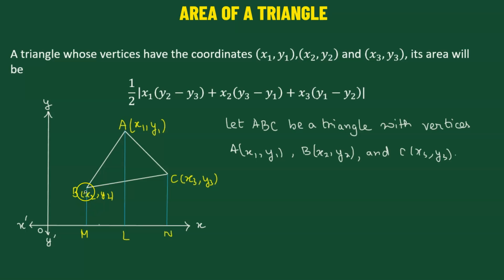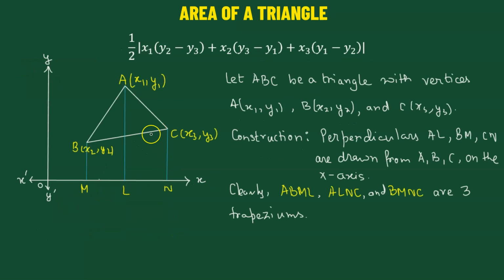One of the trapeziums will be MLAB. The next trapezium would be ALNC, and the third trapezium will be BCNM.